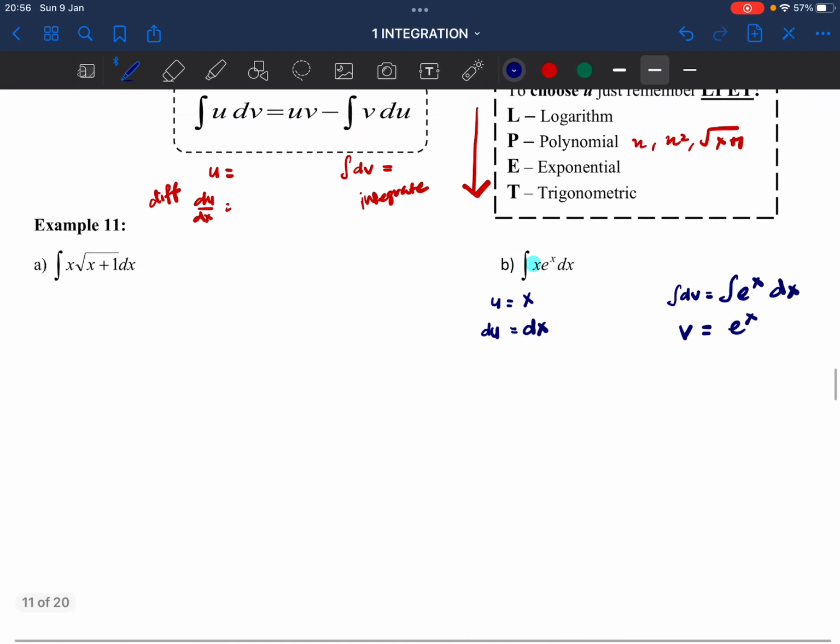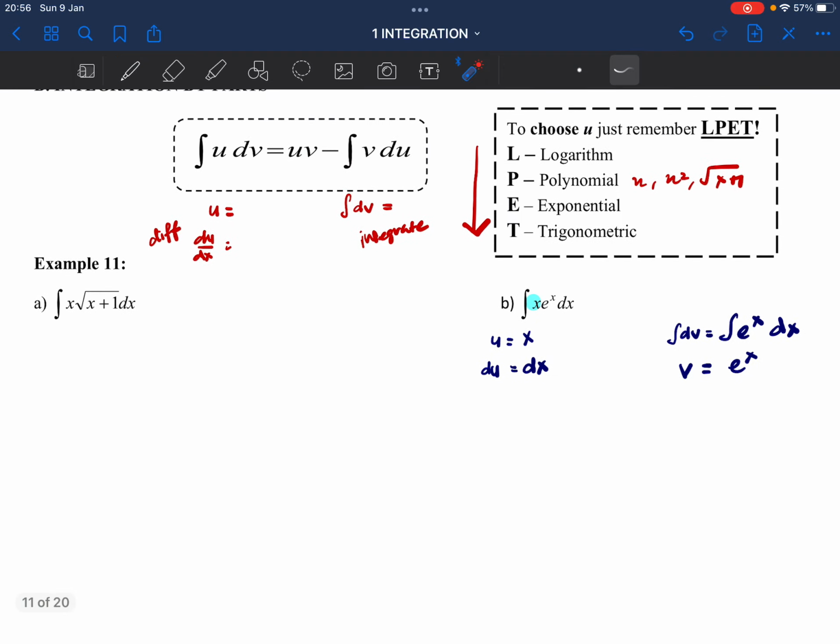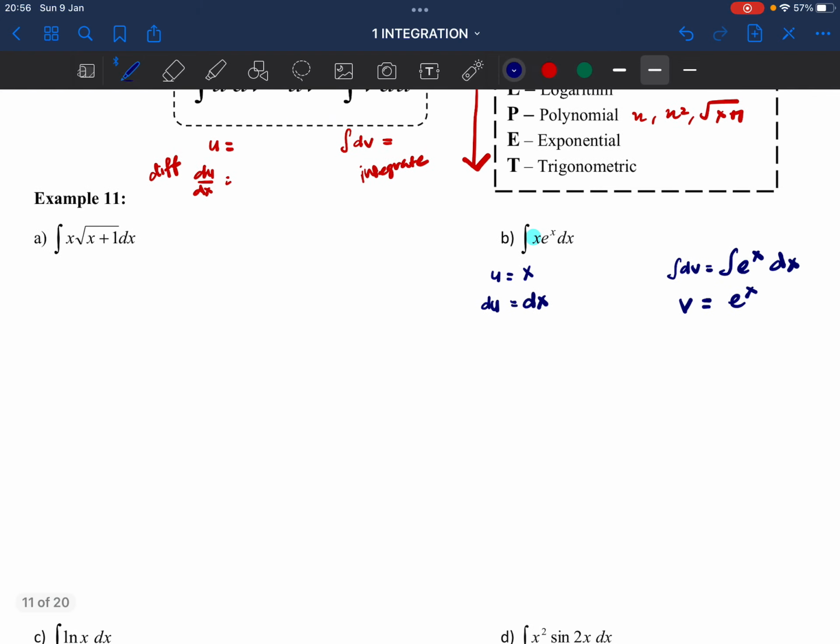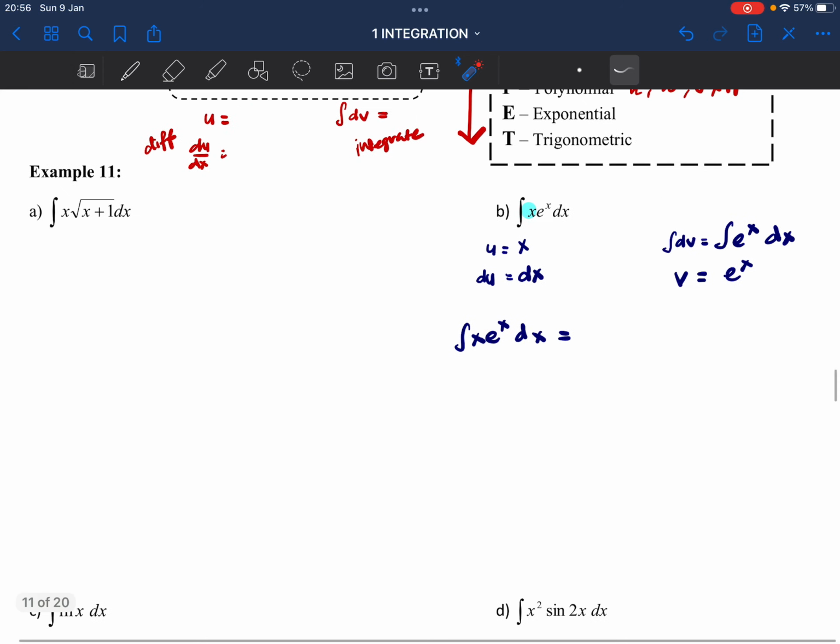So now we are going to use this formula here. This one is the question, so we just write the question back. We will have integral of x e^x dx equals uv minus integral v du. Your u is x, v is e^x.